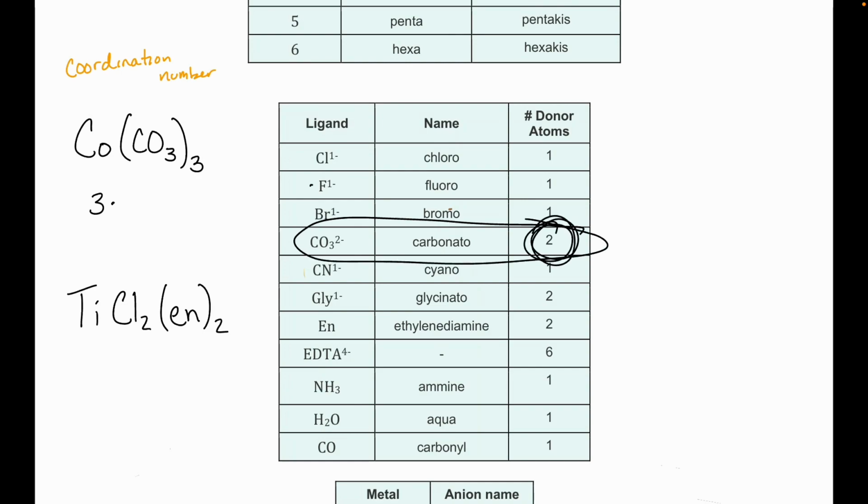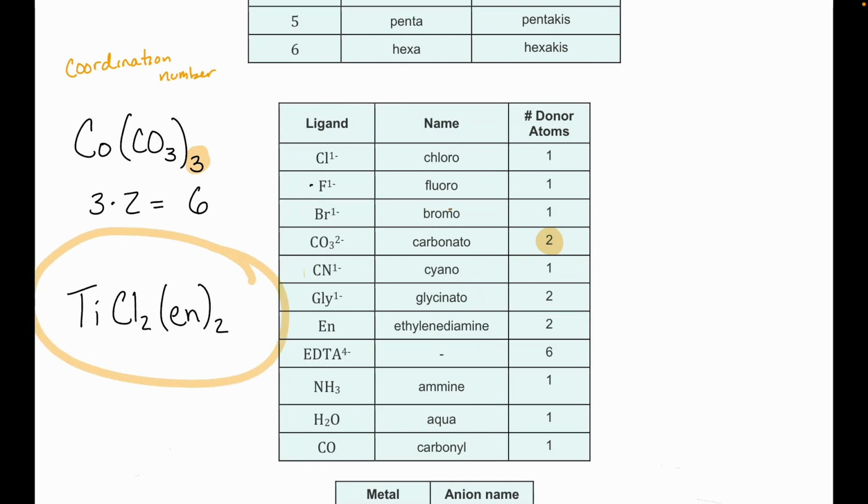That's what my chart's telling me. So that would give me a coordination number of 6 for that complex. Number of ligands times the number of donor sites on that ligand.